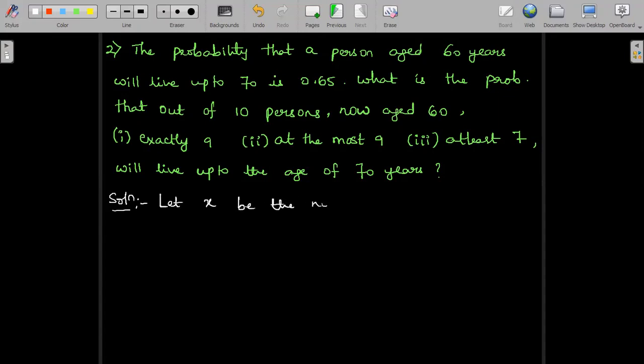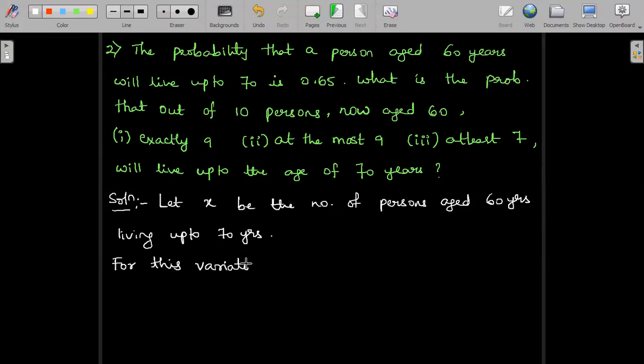Let X denote the number of persons aged 60 years living up to 70 years.